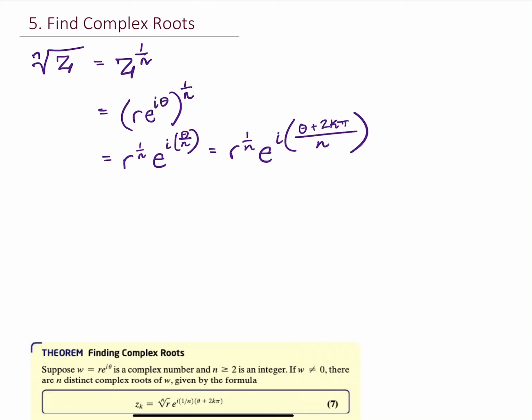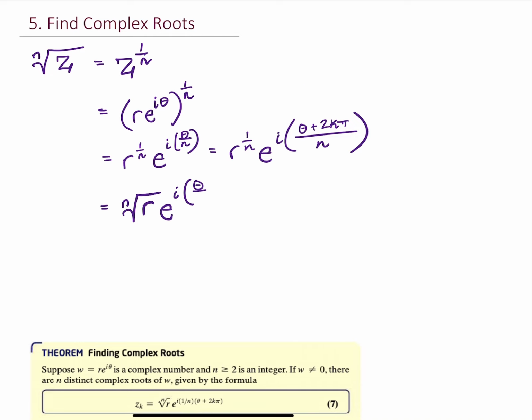So let's write this out a little bit differently. The r to the 1 over n power, we can express that as the nth root of r. So we apply the same root to the r value. And then this would be e to the power of i. And I like to split this up into 2 different fractions.